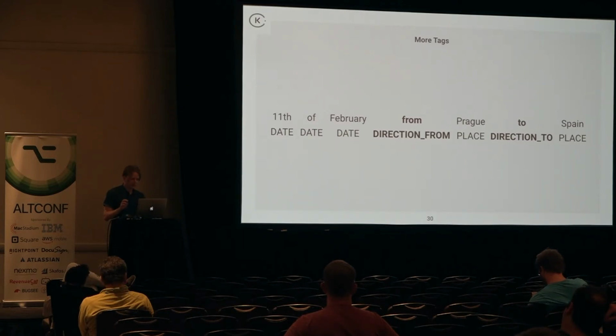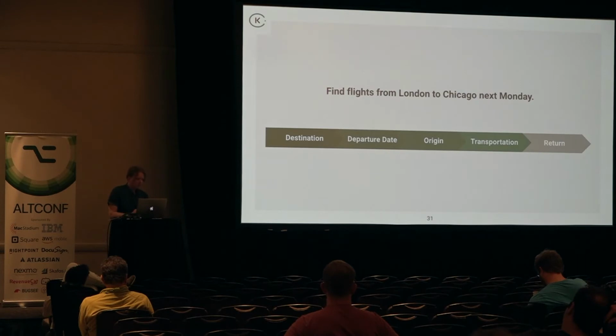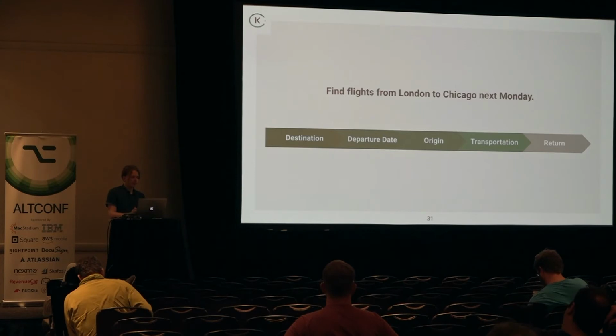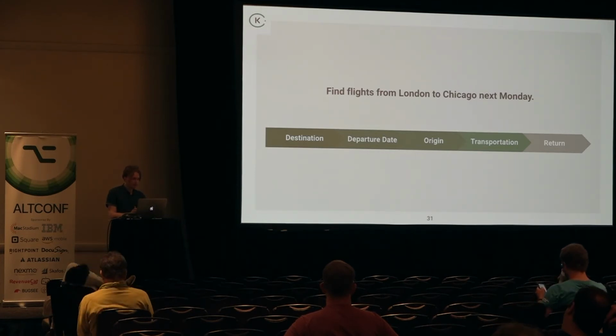Whichever one is closest to the back of the sentence, we take everything after it and say that that's the value of the tag, and the one between the two tags is the value of the other one. And with that, our sentence will now work because the model recognizes both from and to as specifying the direction. And our place tag recognizes these places for what they are.